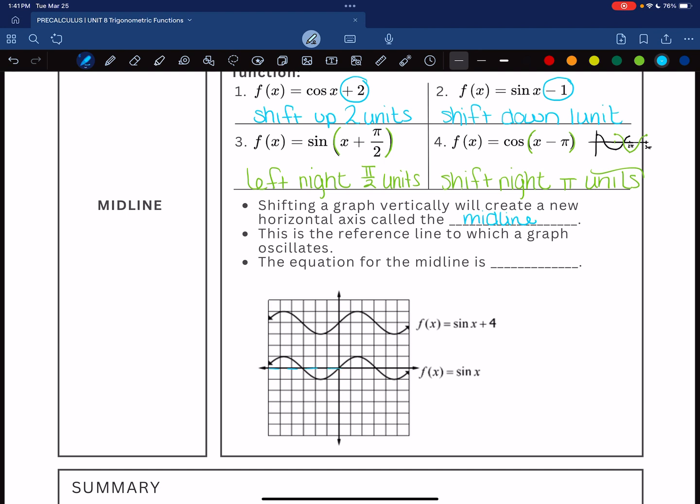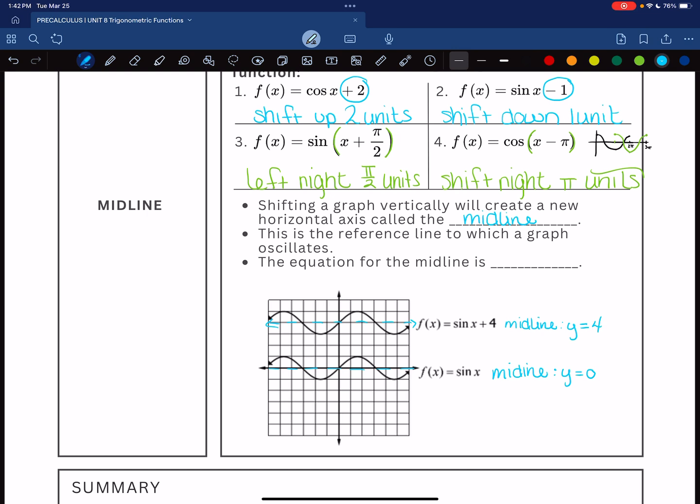So for this graph here, the original parent sine function, the midline is the line y equals 0. Now for this sine function graph that has been shifted vertically, the midline is the line y equals 4.